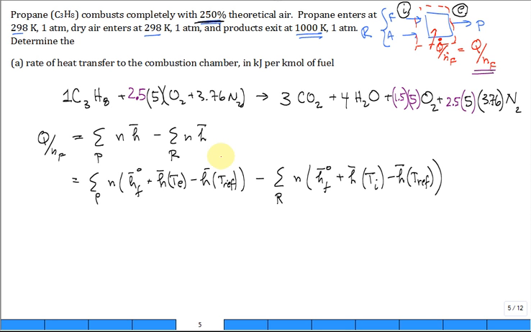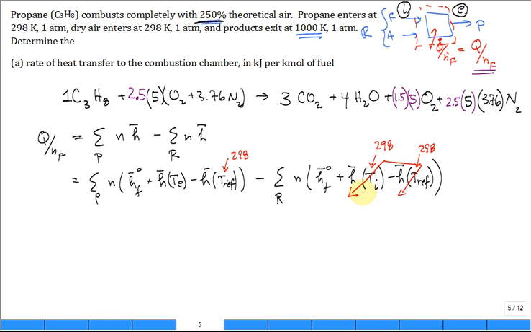Now, remind me, what is this temperature? 298. If the propane enters at 298 and the dry air enters at 298, all the reactants are coming in at 298. That difference is 0.